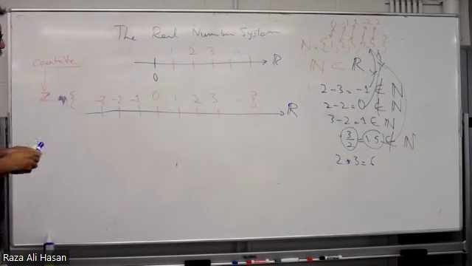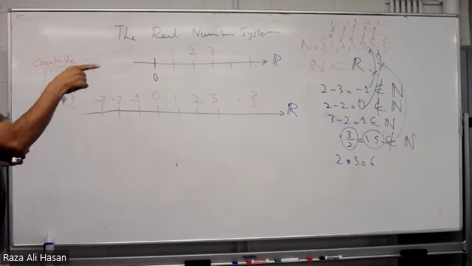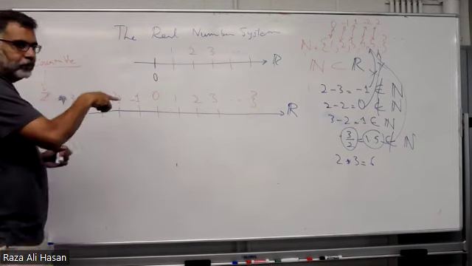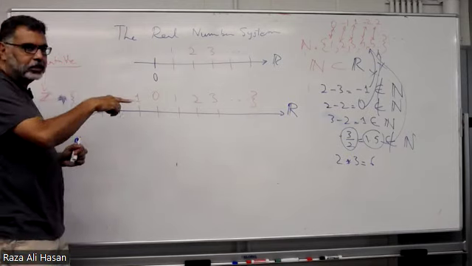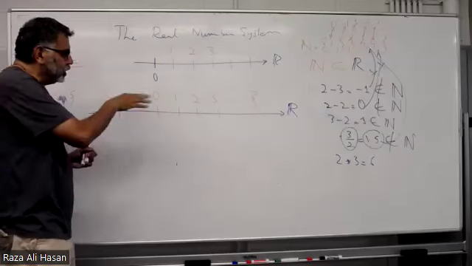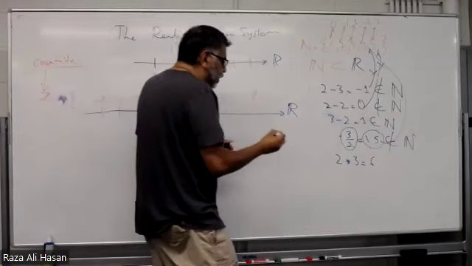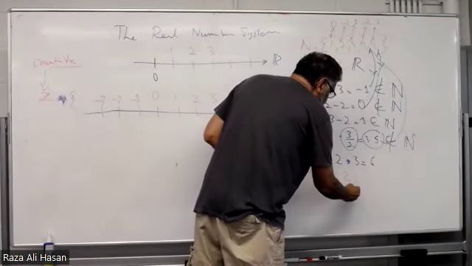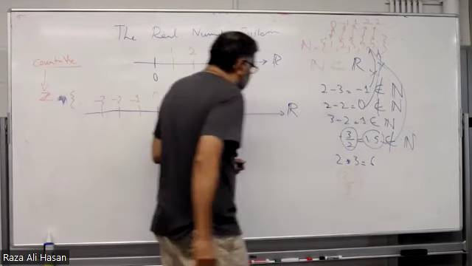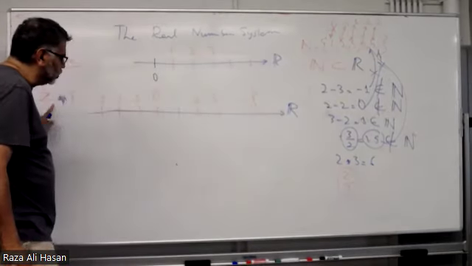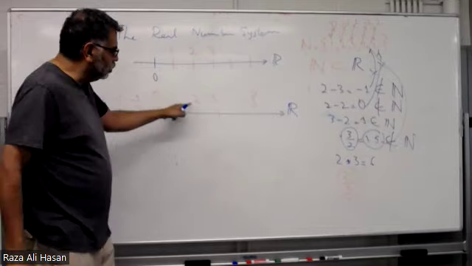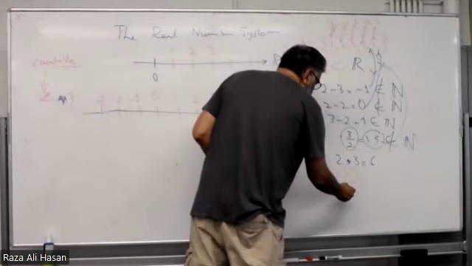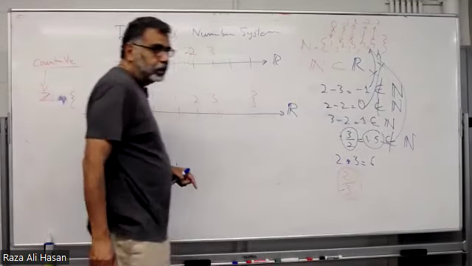Now what happens? Subtraction works, addition works, multiplication works, and division fails. Division fails because if we divide 2 by 3, then we look at the set of integers. I took the integer 2, and maybe I took -3.